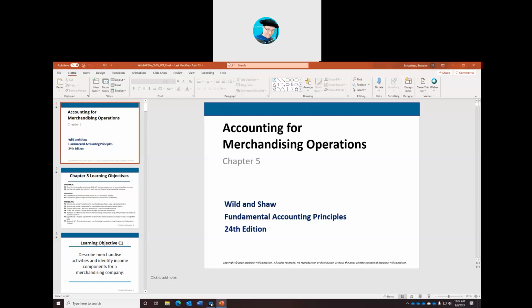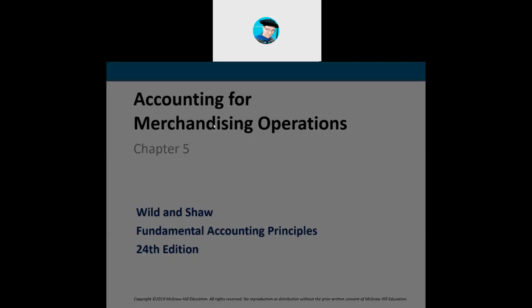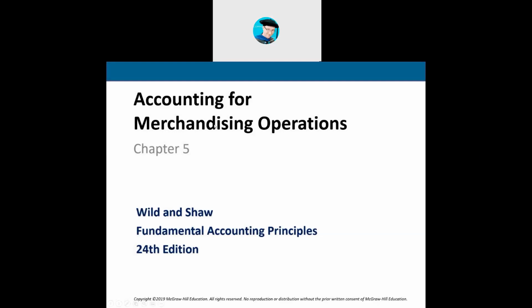So I want you to get into the mindset of a retail operation or a manufacturing operation. What I mean by that is think about your favorite retailer. Think of Macy's, Amazon, wherever you like to shop for your physical products.